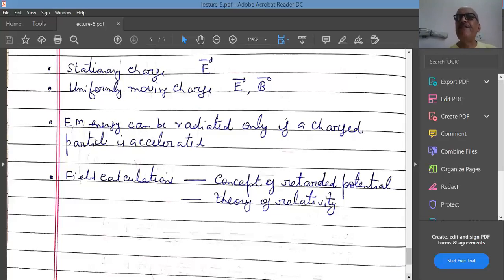There are several ways of solving these two electromagnetic equations. These retarded potentials are called Liénard-Wiechert potentials. Liénard and Wiechert are the names of physicists. So the Liénard-Wiechert potentials are nothing but the solutions for the scalar and vector potentials of equations 3 and 4.